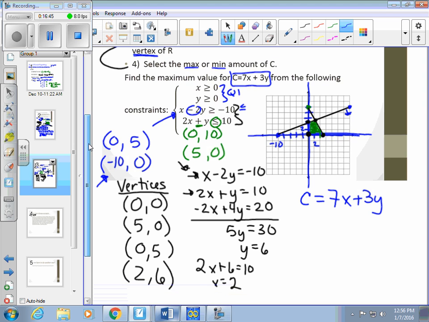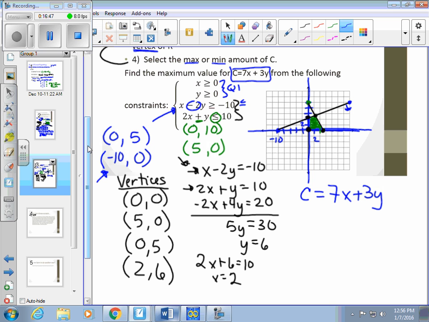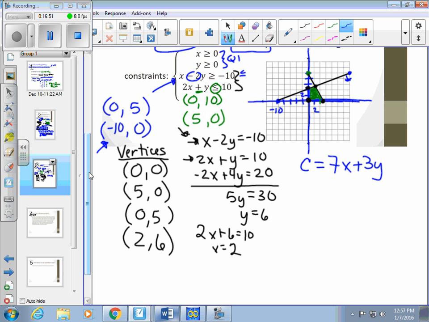Okay. When we plug each of the vertices in, we're looking for a maximum value. I plug in 0, 0, and we get 0 as our value. When we plug in the ordered pair of our vertex 5, 0, we get 7 times 5 plus 3 times 0, which gets us to 35.